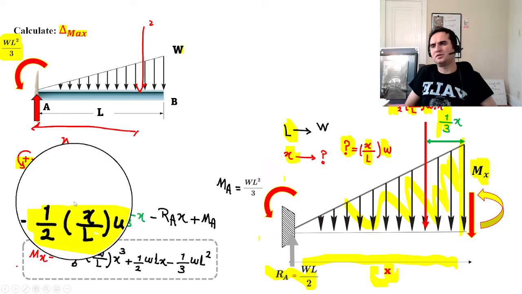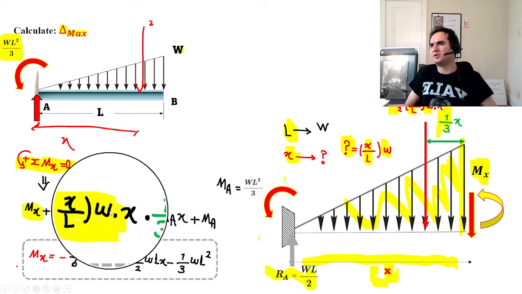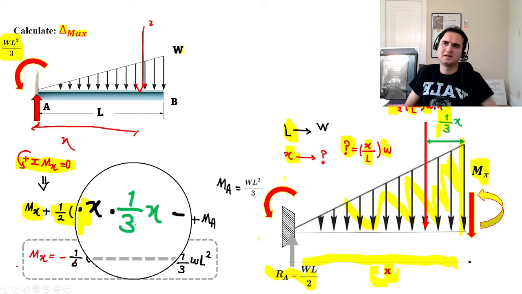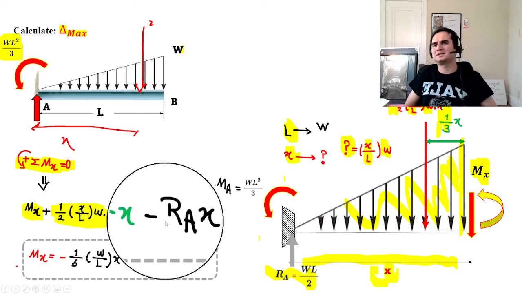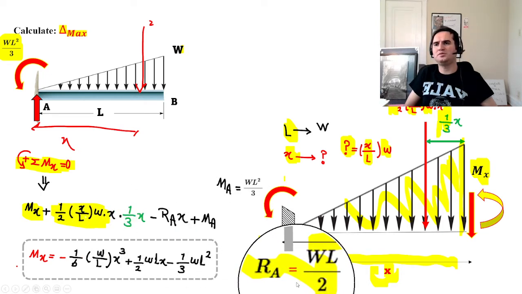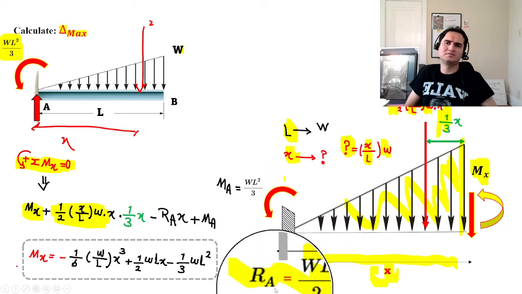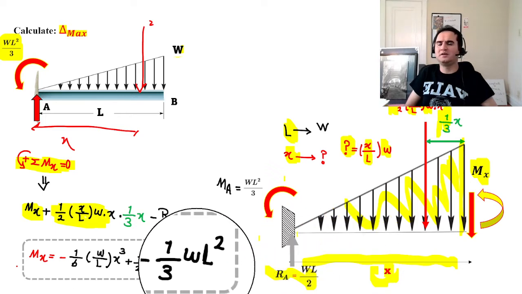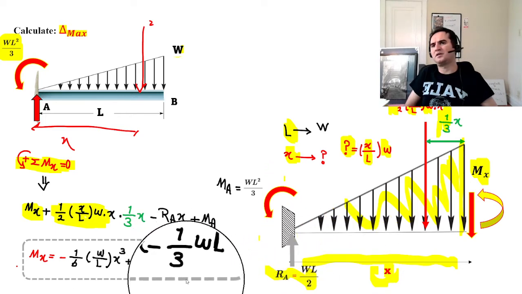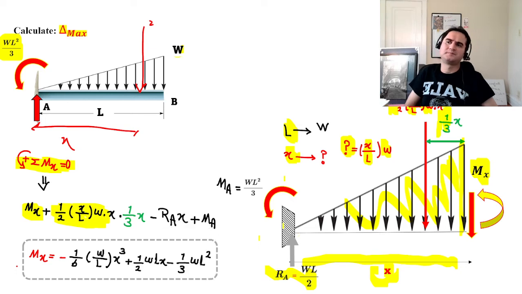That's 1 over 2, x over L, Wx times 1/3 of x, minus RA times x, which is WL over 2 times x, minus a 1/3 of WL squared. And that's the equation for M of x.